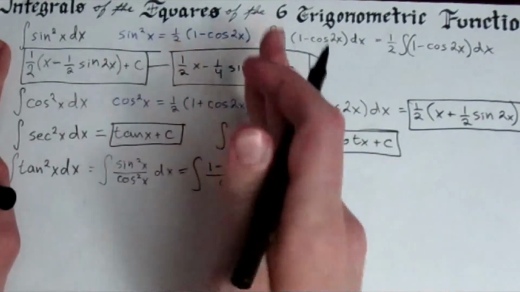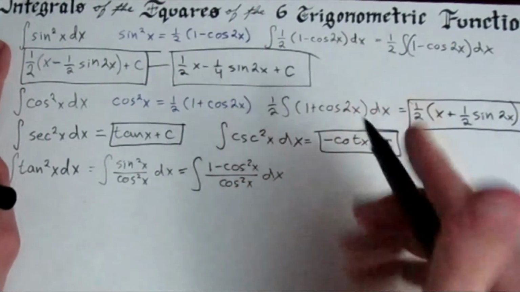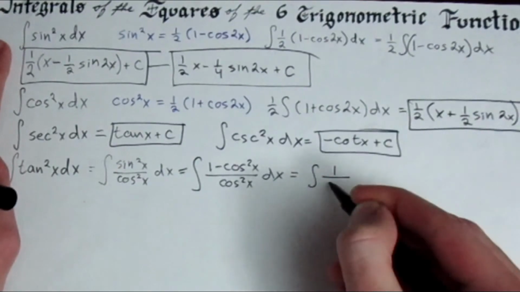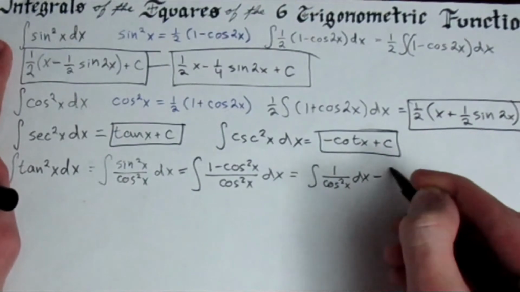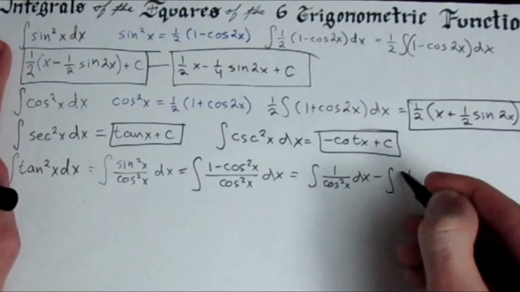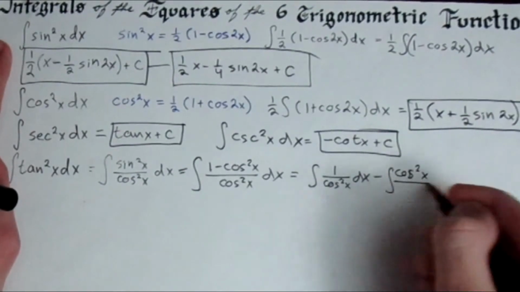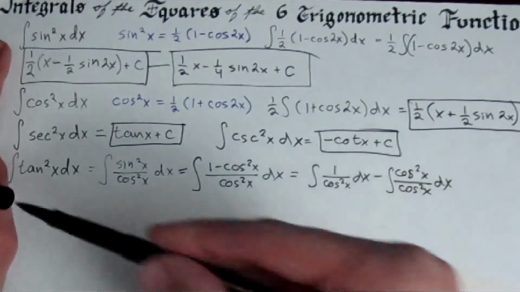Now I'm going to break up the two fractions and the integrals at the same time. So it will look like this: the integral of 1 over cosine squared x dx minus the integral of cosine squared x over cosine squared x dx.